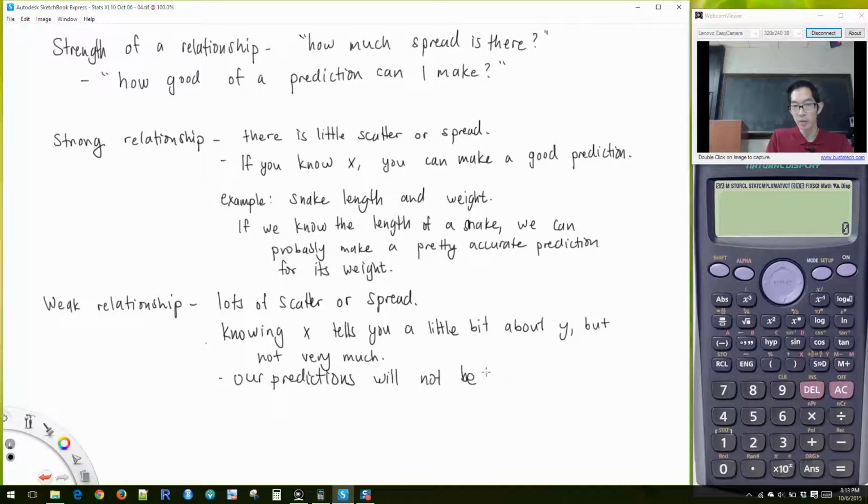I'll say will not be very precise. So maybe an example would be the value of someone's car and their annual income.